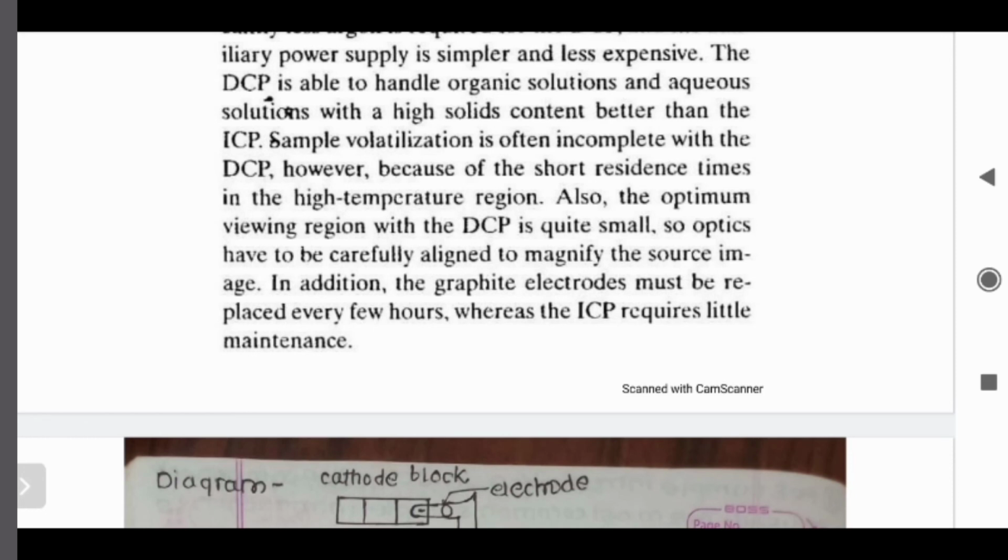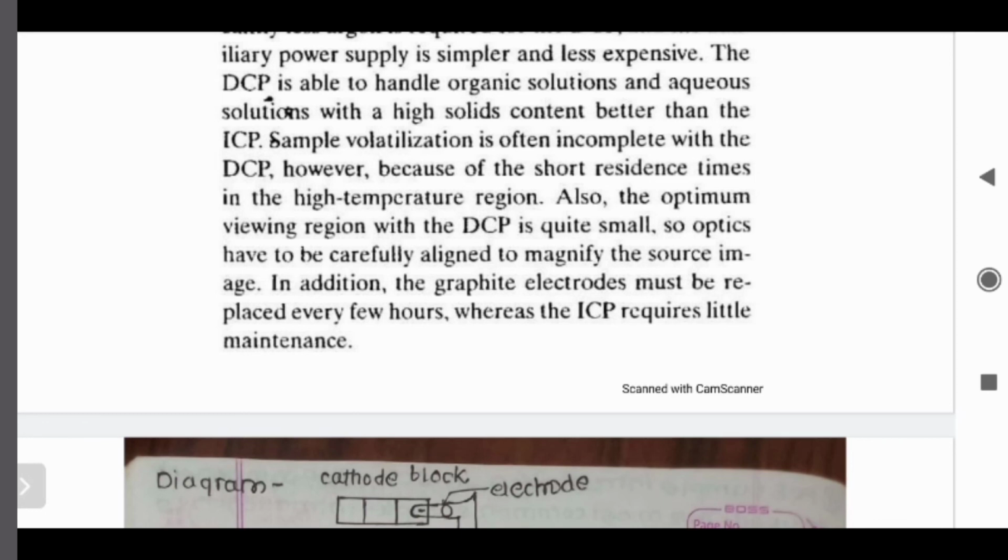So there are certain advantages and certain disadvantages for the DCP. The advantages are that quite few lines are produced by this source, so we get specific atoms, the reproducibility is around the same, and less argon gas is required.